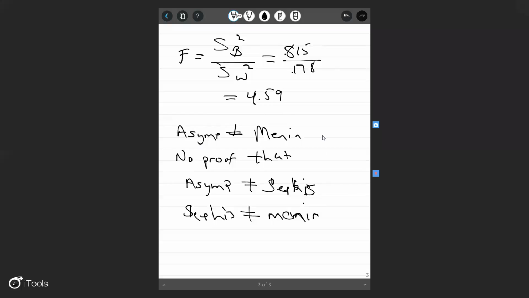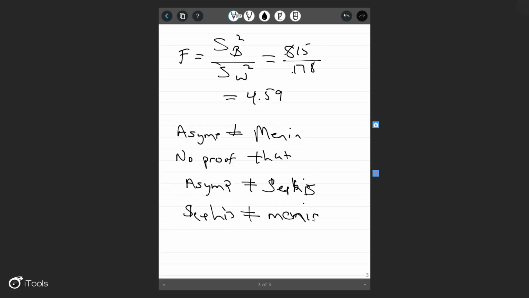There was enough evidence to say that asymptomatic and meningitis were clearly not the same average. However, both those that were asymptomatic and those with sepsis had some overlap, so I could not tell the difference between those two. On the other end, we also had an overlap between those with sepsis and those with meningitis, so we weren't able to tell a difference there.